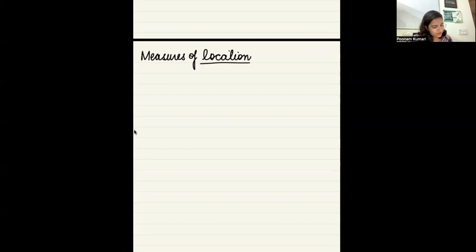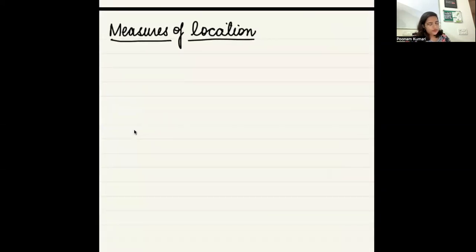Measures of location mean all those formulas, all those numbers which describe the location of a data set.